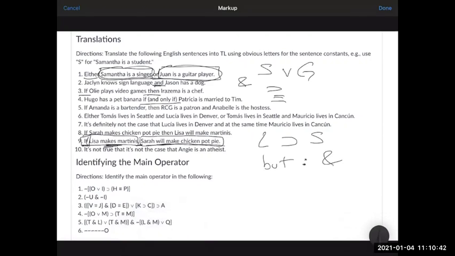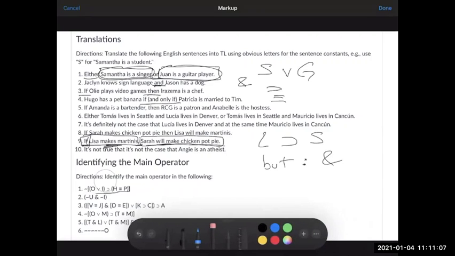The main operator, it turns out, is this tilde here, because it applies to whatever is immediately to its right. By the way, it happens to be a grouping indicator, which means it applies to literally the rest of this sentence, which means that tilde applies to itself and the rest of the sentence, meaning it has the biggest scope, which means that is the main operator.